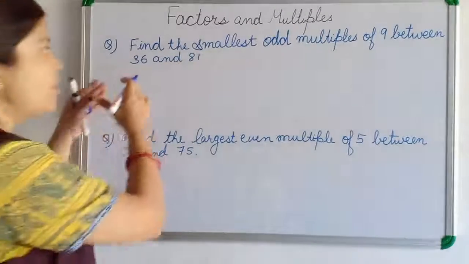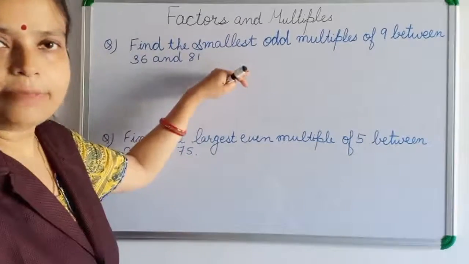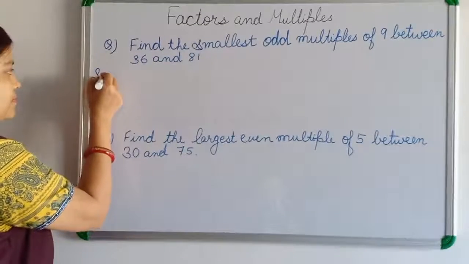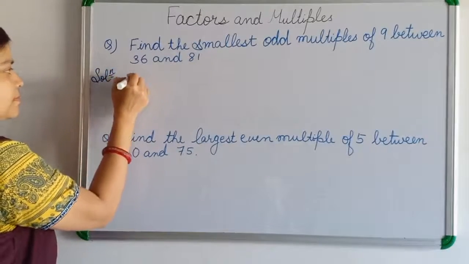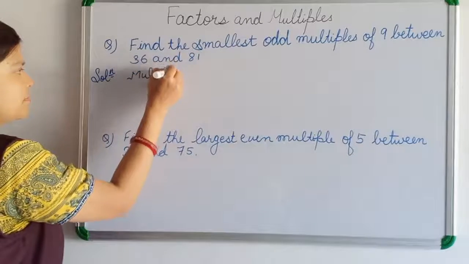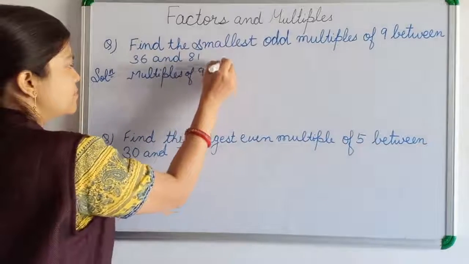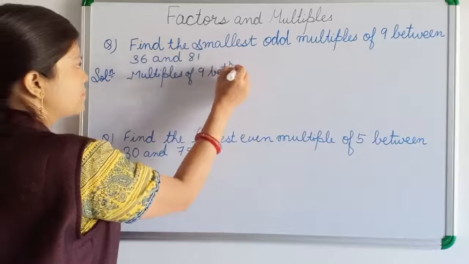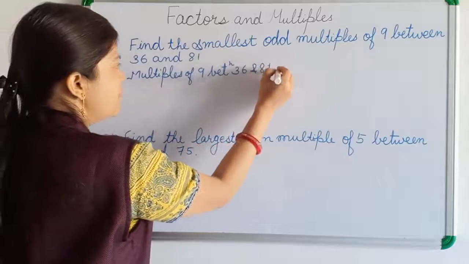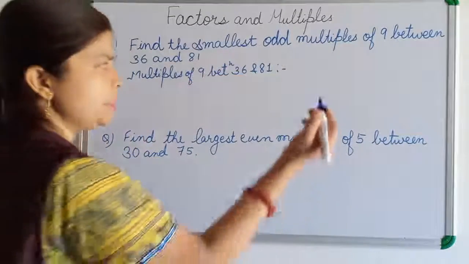First we will write all the multiples of 9 between 36 and 81. That only we will write. Start from 36 only.